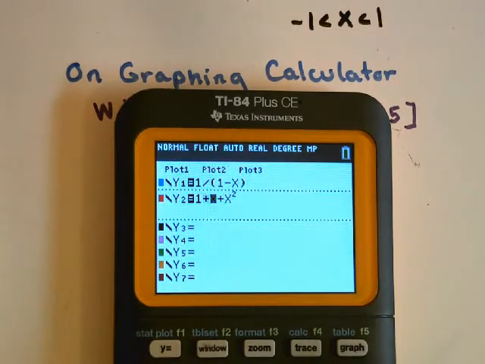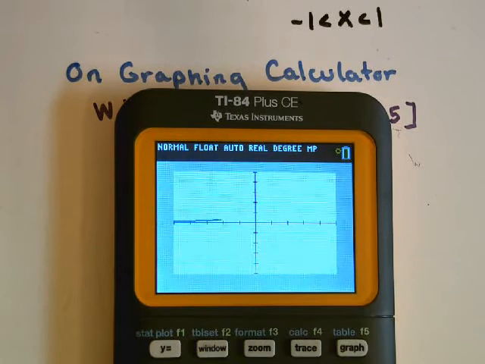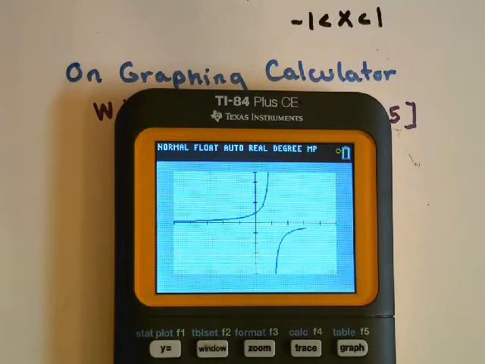So let's add on another term. Okay, x cubed, and graph. So it's matching up this graph, but only on a very specific part of the graph.